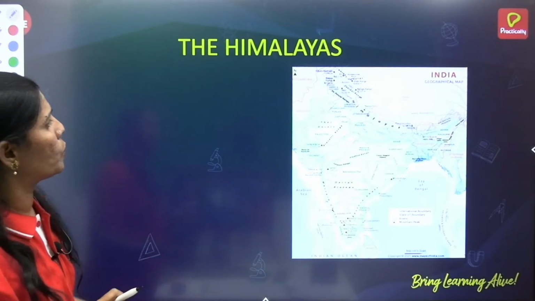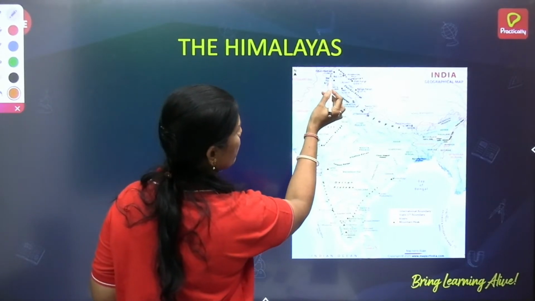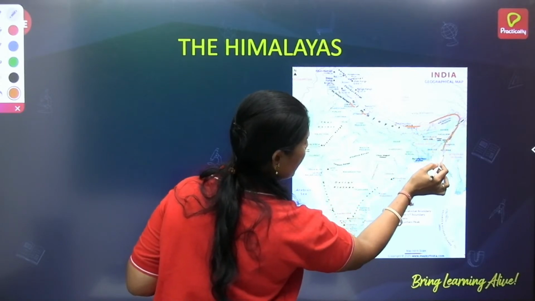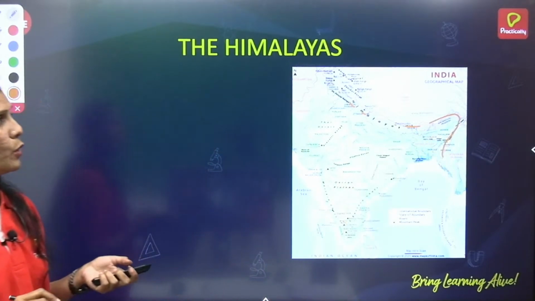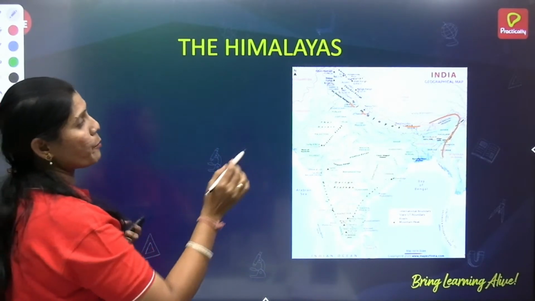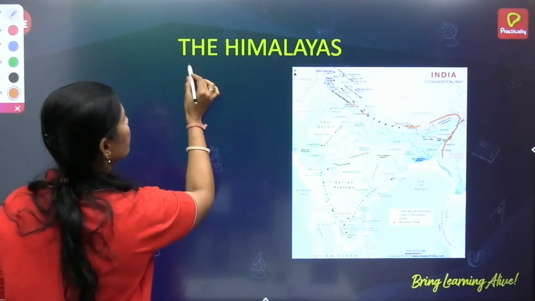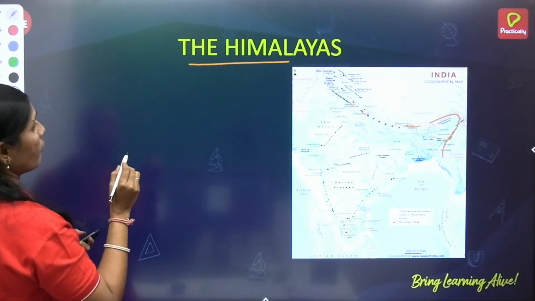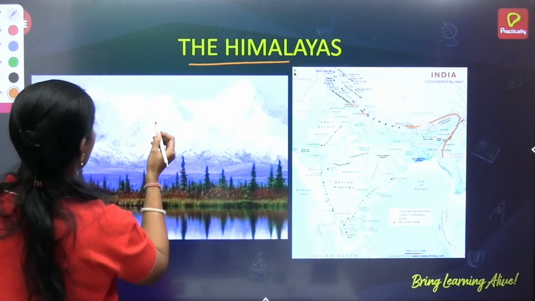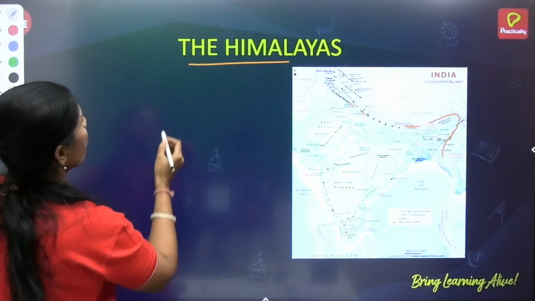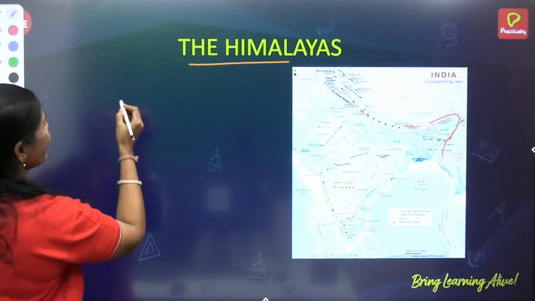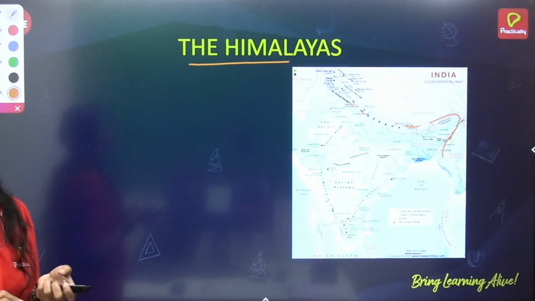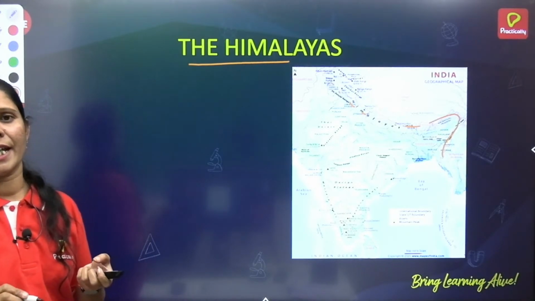Let us have a look over this. These were the Himalayan regions, the northern ones. In detail, the Himalayas are basically divided into two categories: one is latitudinal and the other is longitudinal.